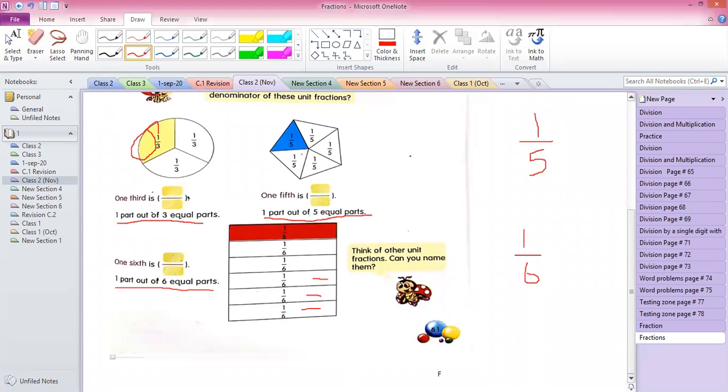Because 1 part is shaded. So this is 1 part out of how many equal parts? 5 equal parts. And how will we write it? We will write 1 over 5 like this, 1 over 6 like this, and 1 over 3 like this. In this way, we can write it. So guys, do you understand fraction, numerator and denominator?